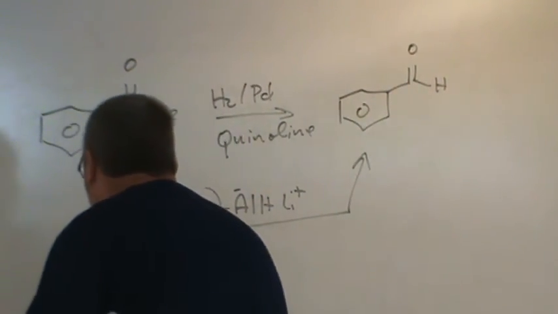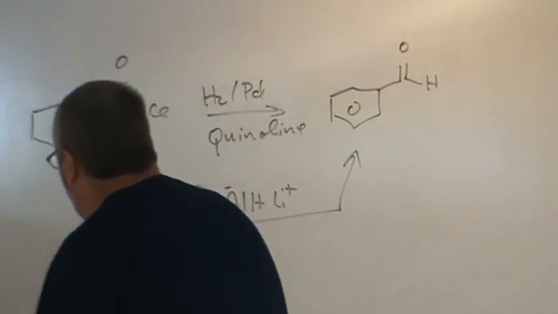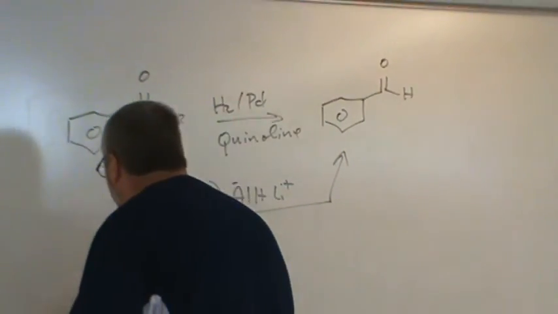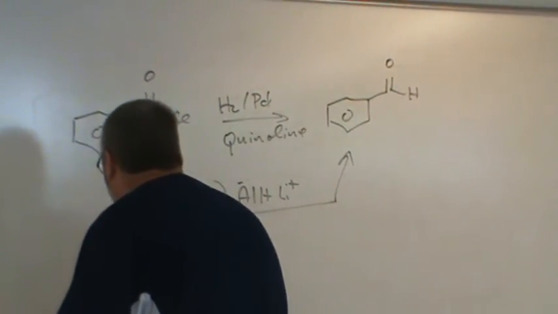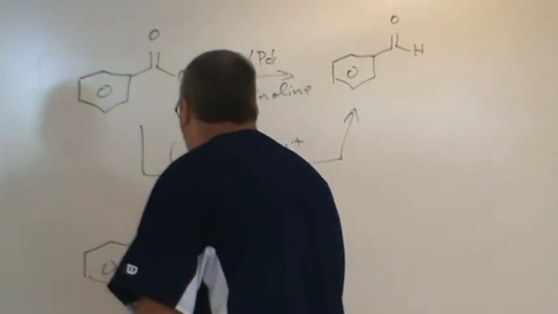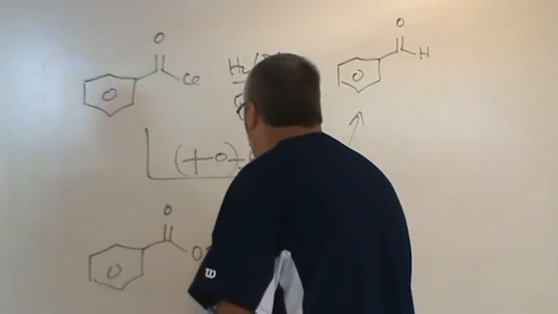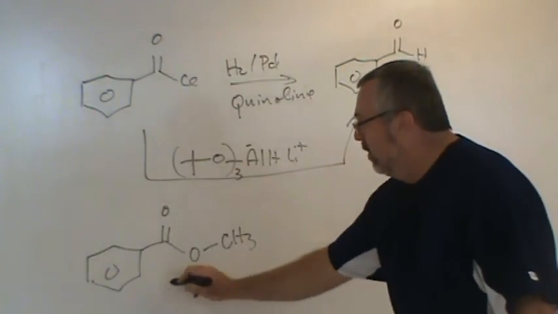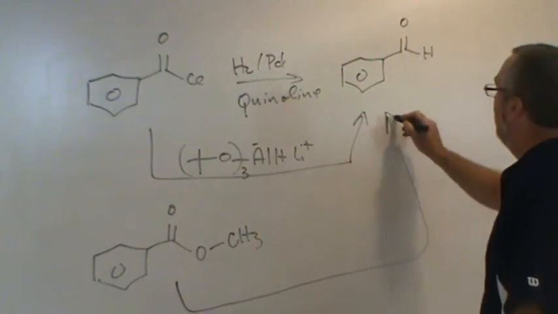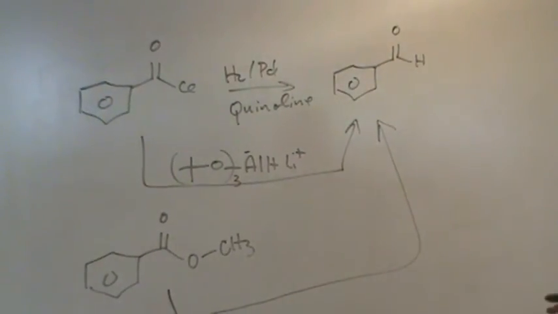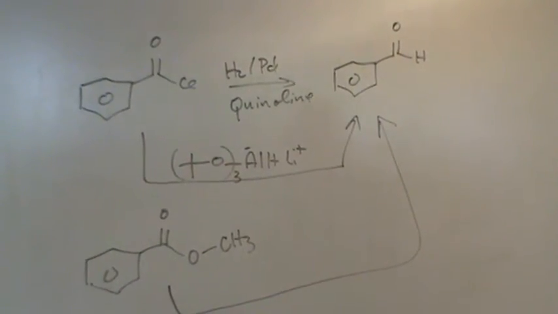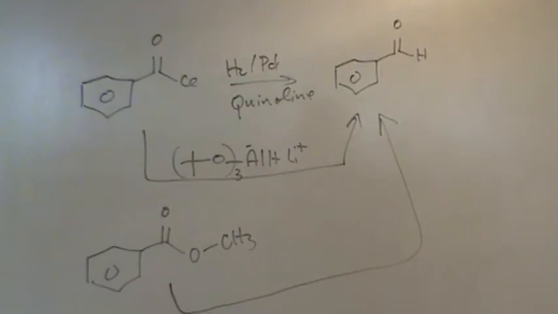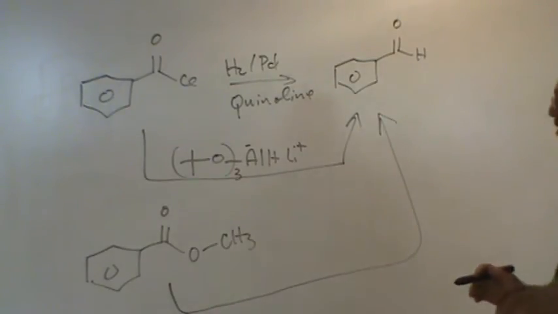Given the similarities I've been showing you between the reactions of acid chlorides and esters, I hope it doesn't surprise you that we can, in fact, do a very similar thing starting with an ester. And I just chose the methyl ester of benzoic acid here as an example. We can reduce to the aldehyde and then have the reaction stop there.